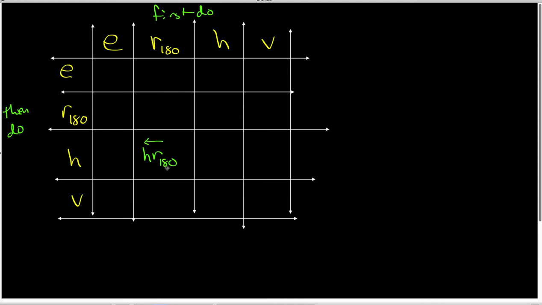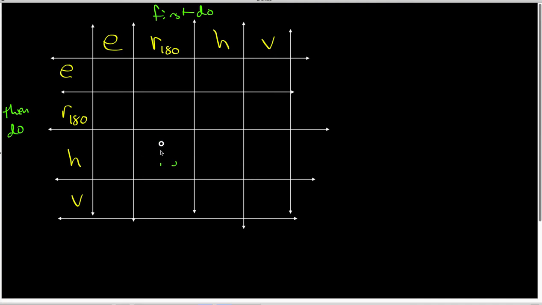This is actually first do R180, then do H. And that's a really important thing to understand. And I'm going to erase that lovely little thing because I don't know what that is right off the top of my head at this point, and we will be finding that out.